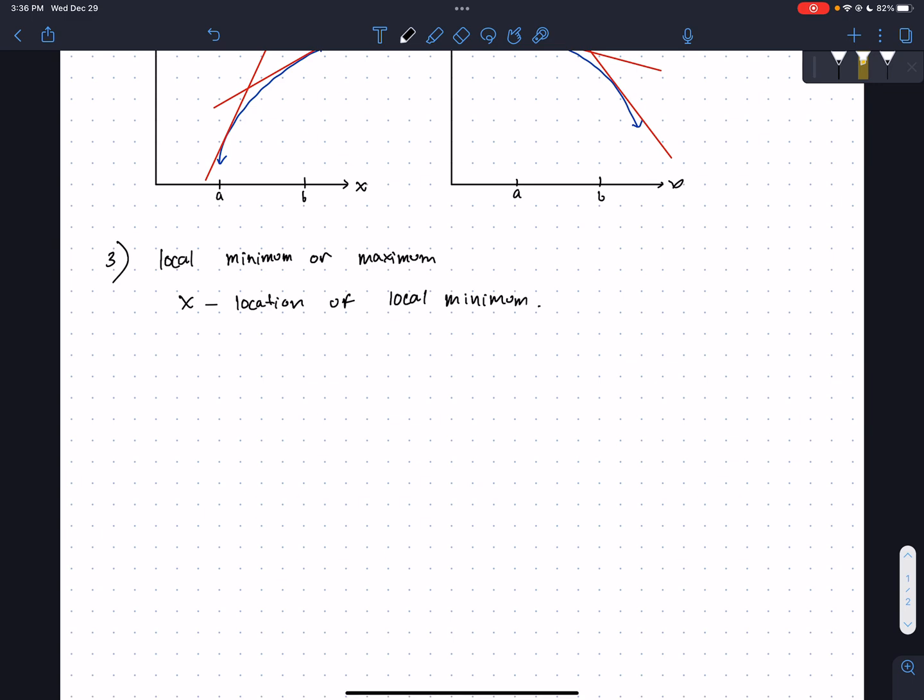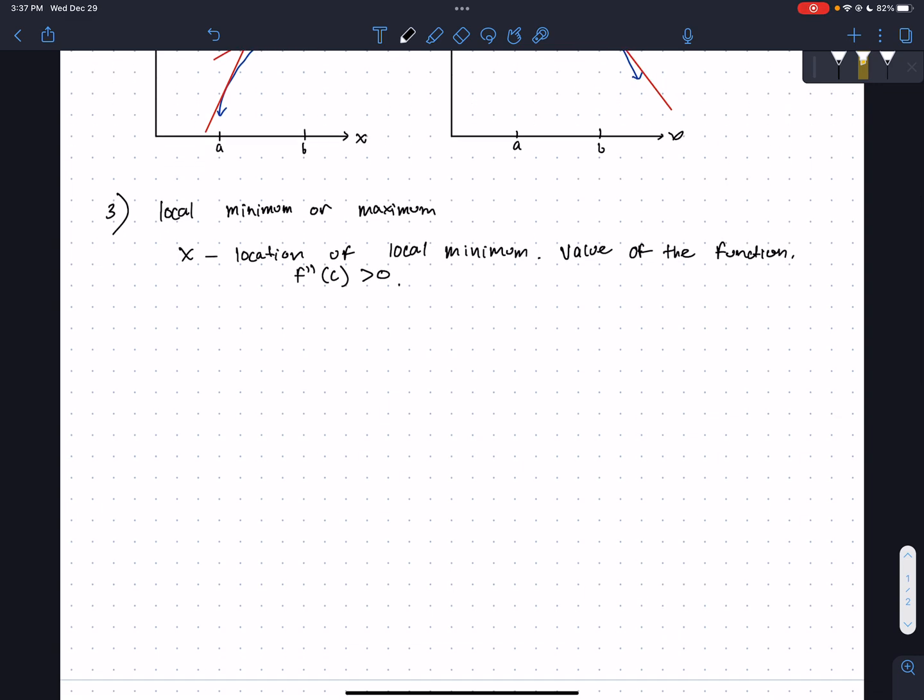So if we take the double derivative of that value, and it's greater than 0, then we know we have a local minimum.